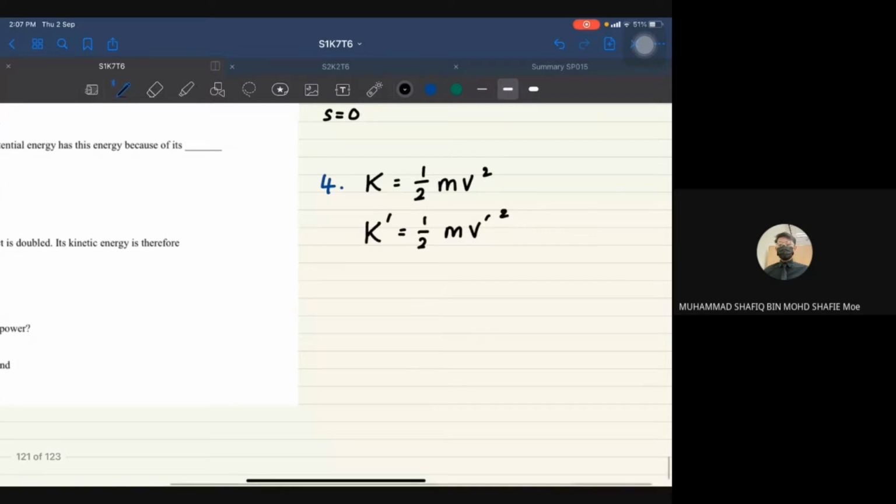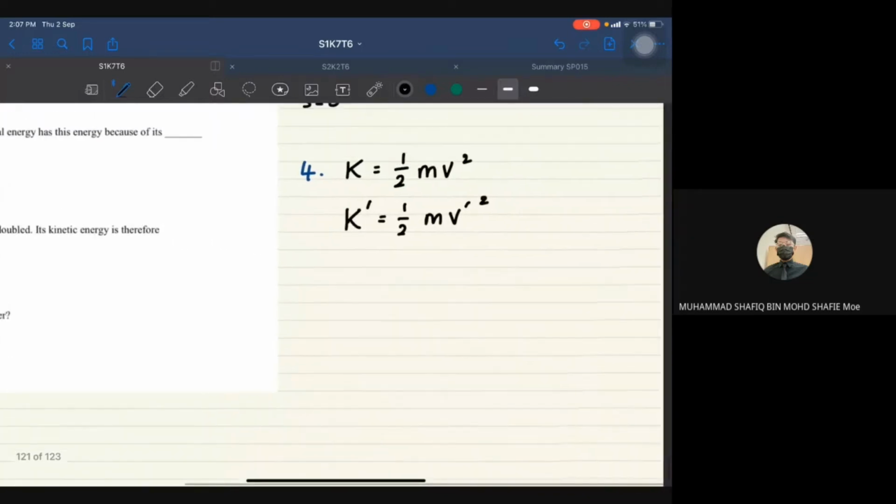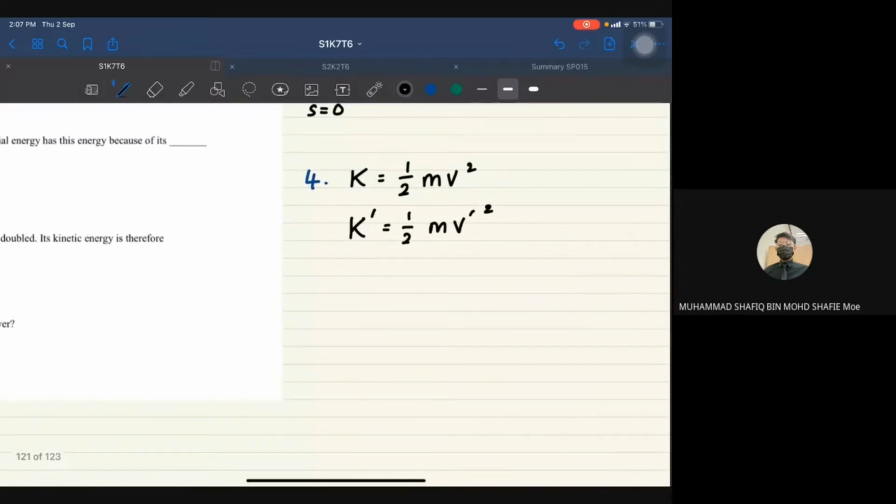The prime indicates the new one. The relation between V prime and V is that V prime equals 2V. This is from the statement in the question, which means the velocity is now double, twice the value of the initial one.